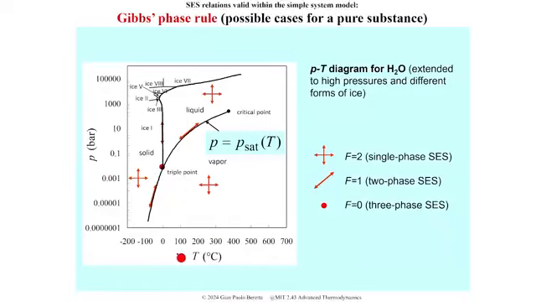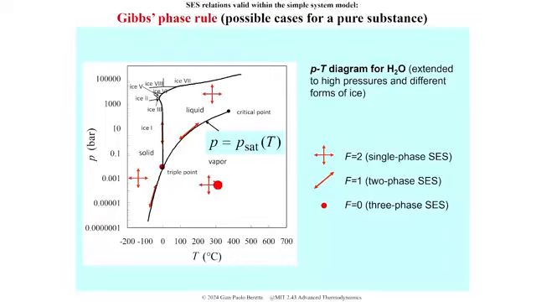This is better represented, for example, in the pressure-temperature diagram for water. So if we have, in this area, this is the vapor area, and if we have some vapor in this state, I can move to adjacent conditions in which I still have vapor, but different pressure and temperature, and I can move in both directions here.